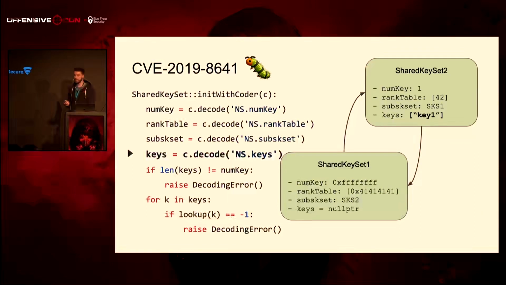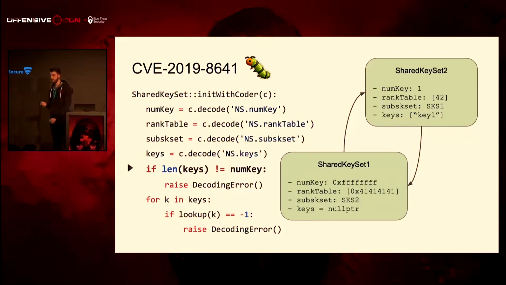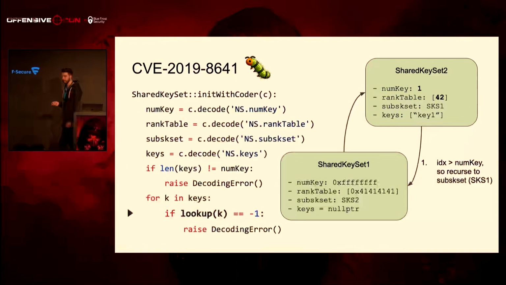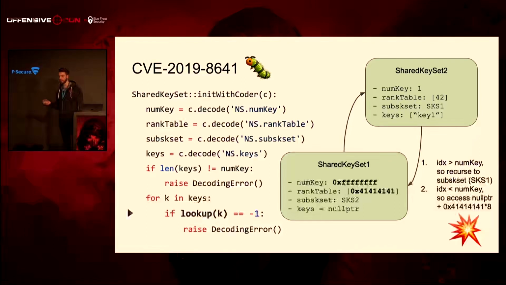Okay, and then we decode the keys, and this is okay, right? numKey and the keys length are the same. And now we try to look up every key. And so in this case, we are here. We look up the key in shared key set 2, and it isn't being found because the index is 42. That's not the right one.